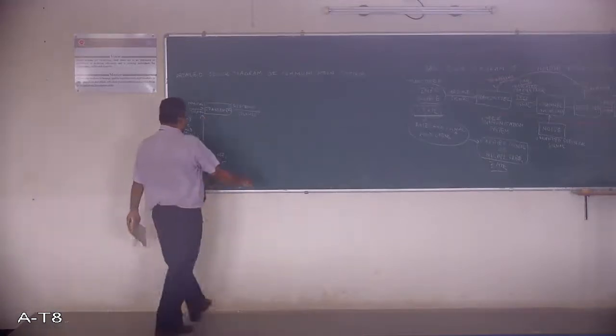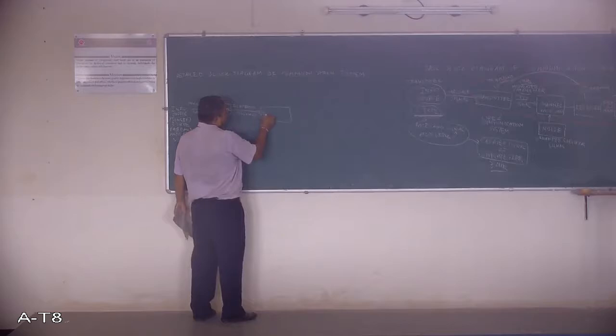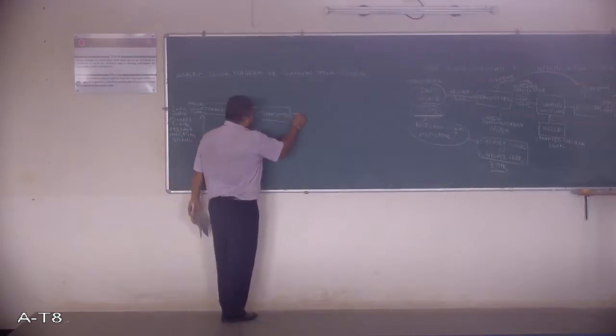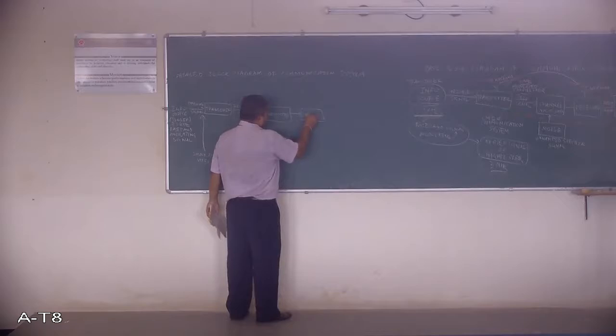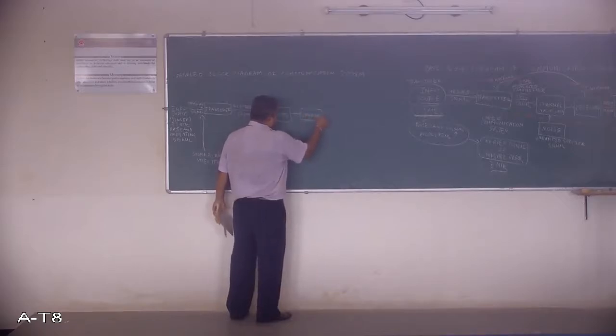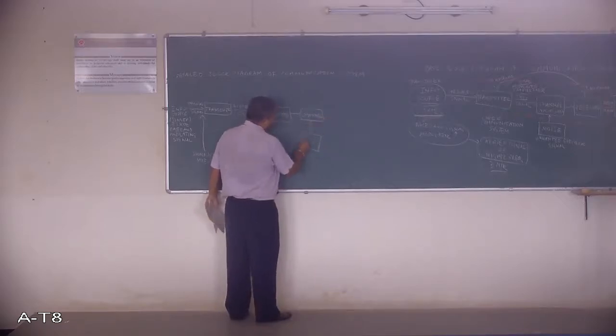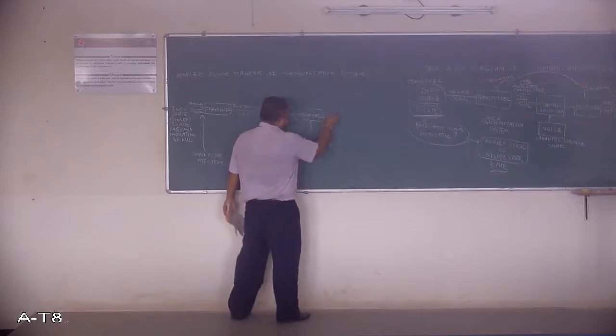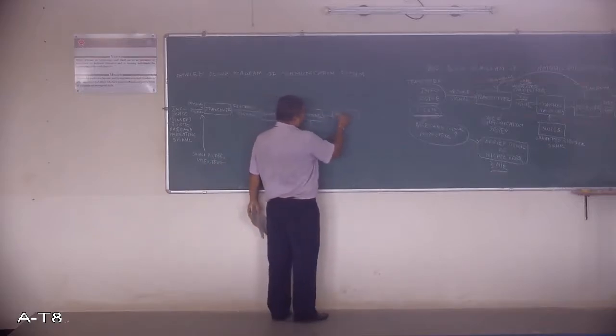Then comes the block of core communication. This is called the transmitter, this is called the channel. Same here, there is noise, and this is called the receiver.